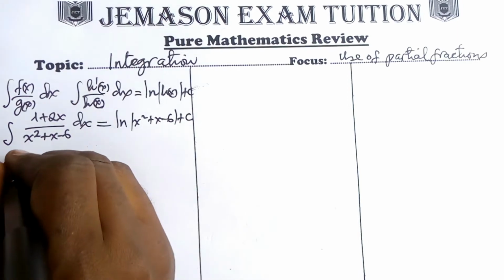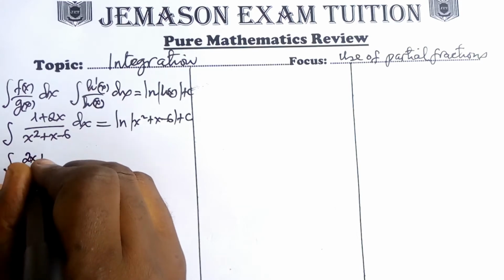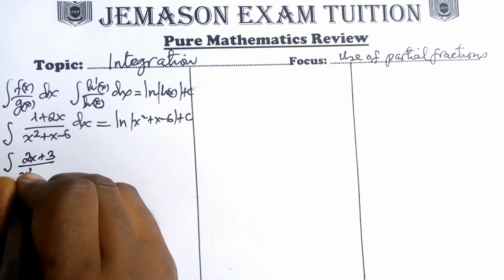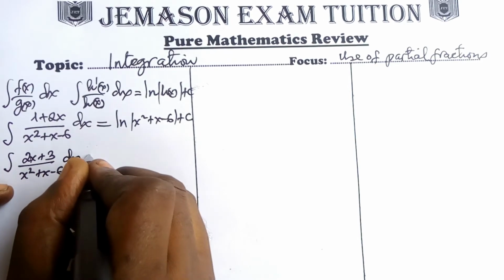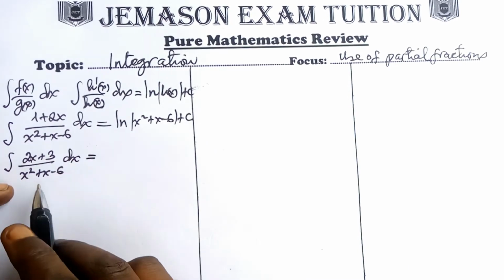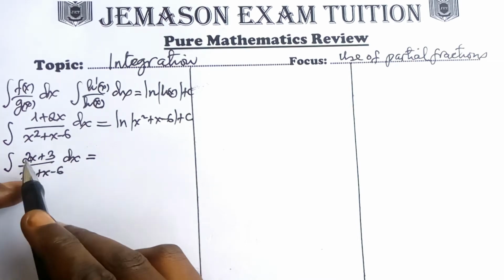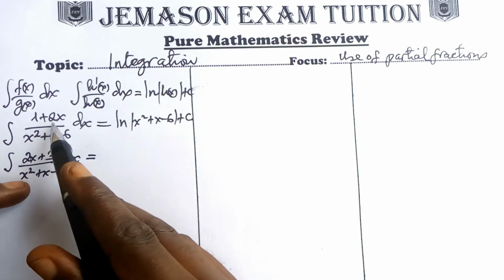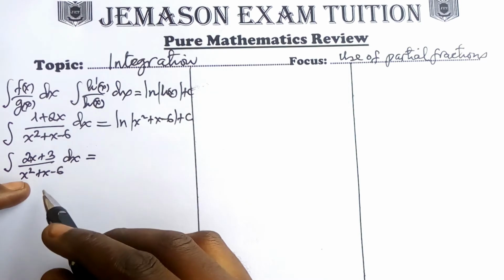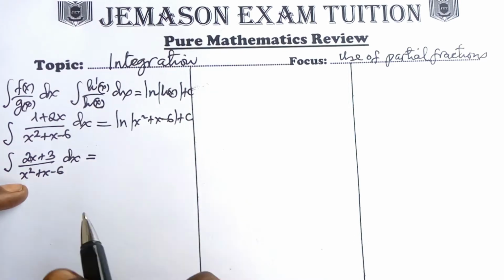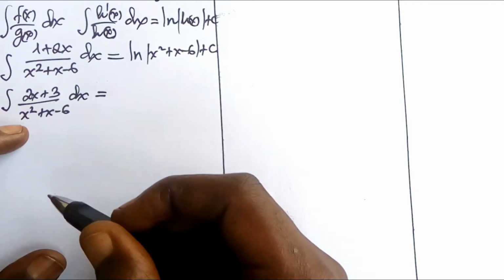If we instead had the integral of 2x plus 3 all over x squared plus x minus 6 dx, you can see that the differential of the denominator is no longer the numerator, as in the first case. Recognition fails and we are bound to use partial fractions because the denominator is factorizable.